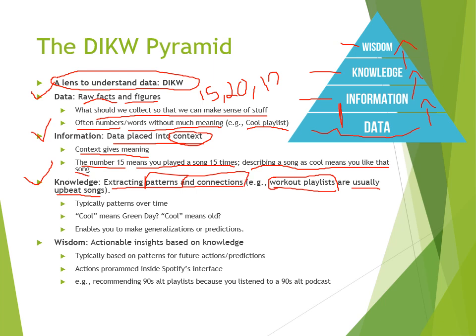And that would give you knowledge, right? Then you would have knowledge over your user base, for example, in Spotify. So these are patterns that hold over time. Over time, maybe you would develop a hypothesis that says when people work out, they like to work out to up-tempo songs.